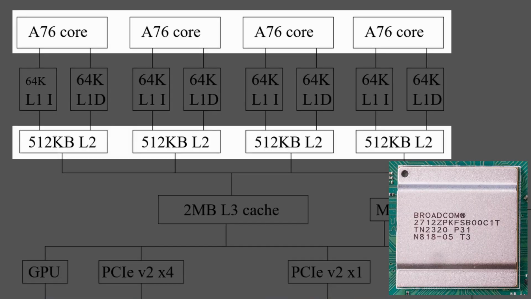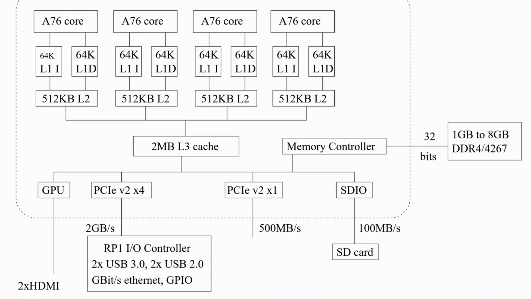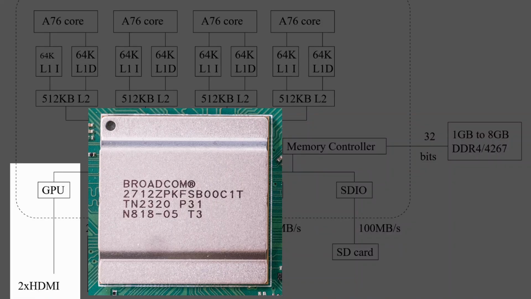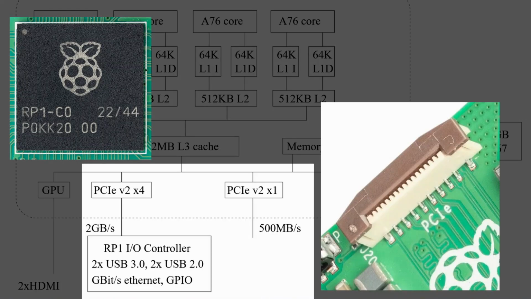The core cluster has 512 KB per core L2 caches and a 2 MB shared L3 cache. Furthermore, the SoC also integrates an improved 12-core VideoCore 7 GPU. A 32-bit LPDDR4X memory interface provides up to 17 GB per second of memory bandwidth, while x1 and x4 PCIe Express interfaces support high-bandwidth external peripherals.